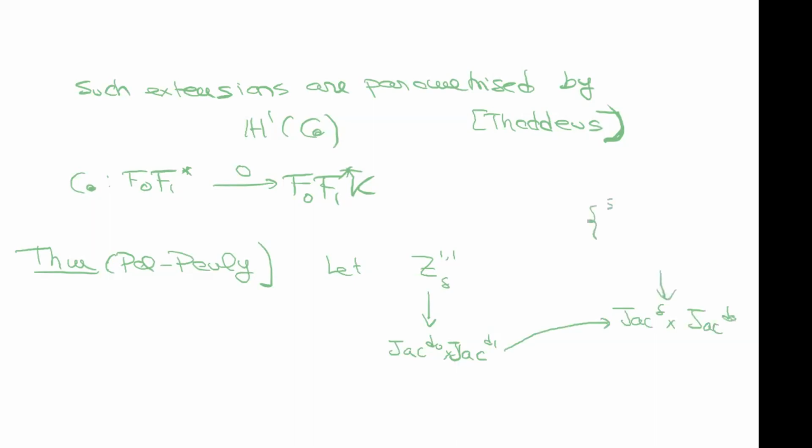So we will consider the following. Inside the Jacobian of degree delta times the Jacobian of degree 0, there's the symmetric product of the curve delta times, if delta is at most g minus 1, otherwise we will just take the Jacobian because all line bundles of degree delta have sections. And we take the fiber product of these two. Right, so what they proved is that there exists a rational vector bundle.